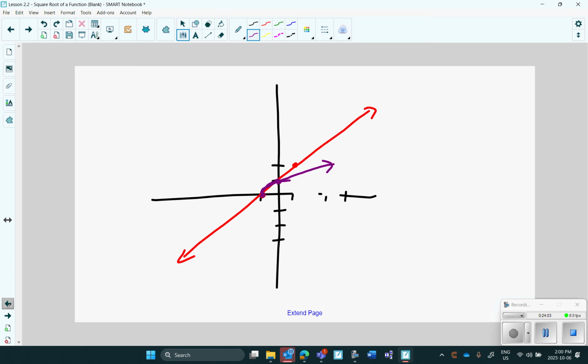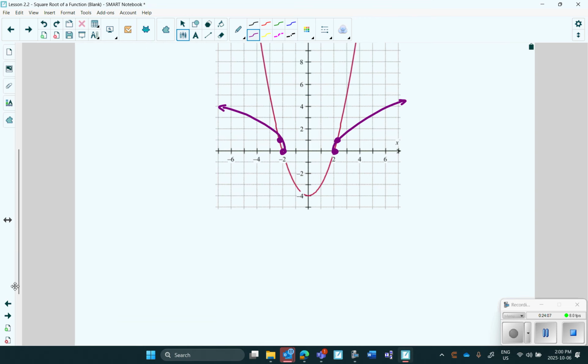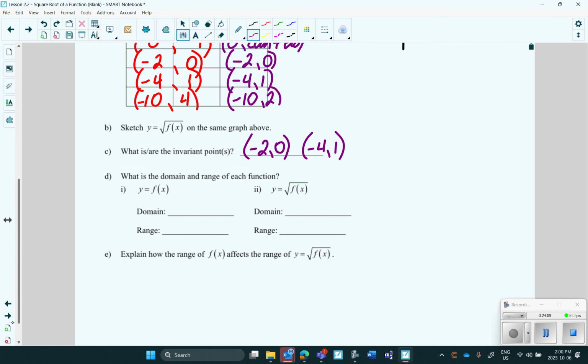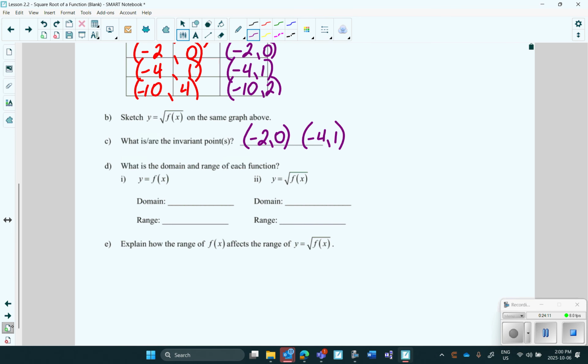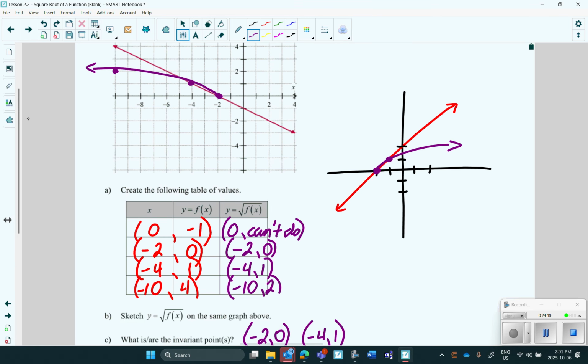Okay, let's finish this off. I mean, this is pretty straightforward. Going back to the second example, what's the domain of the original line? What's the range of the original line? Good.